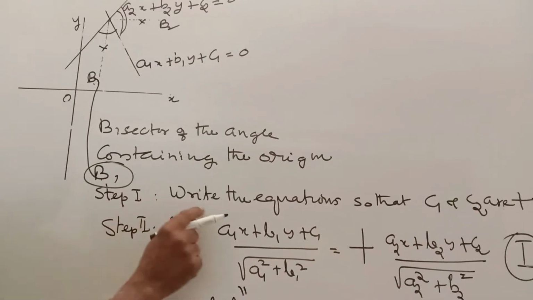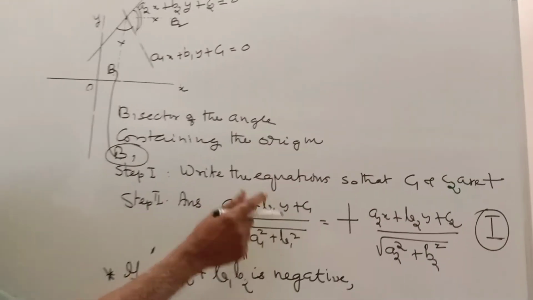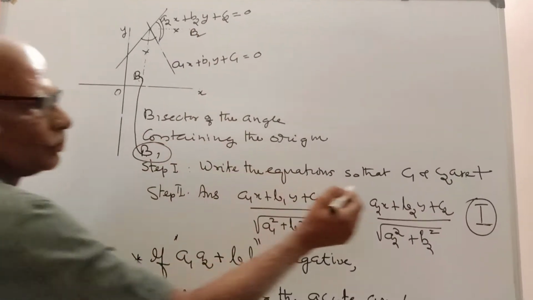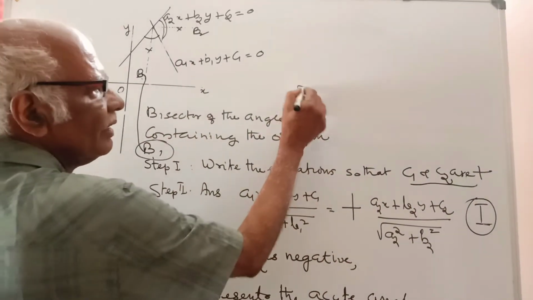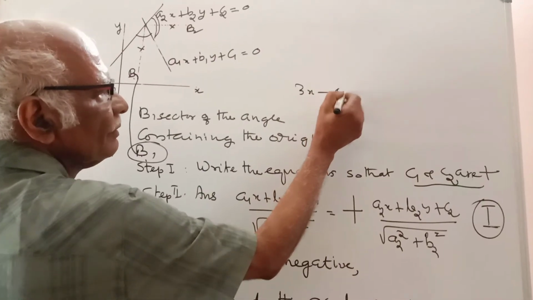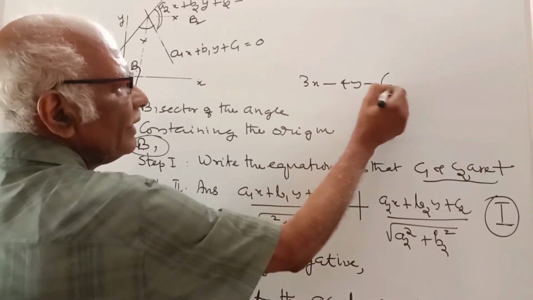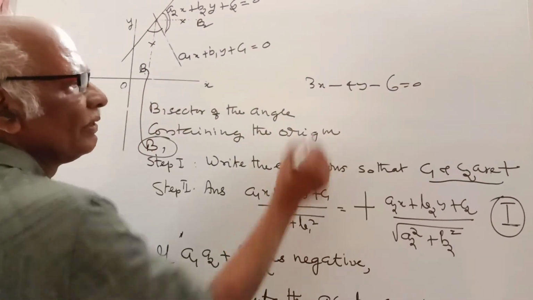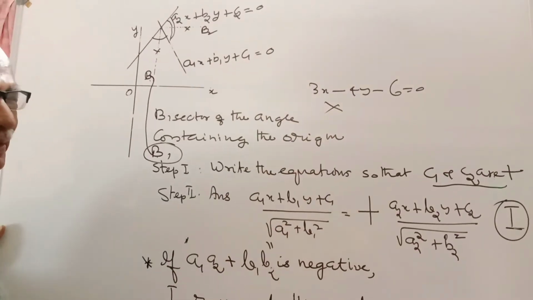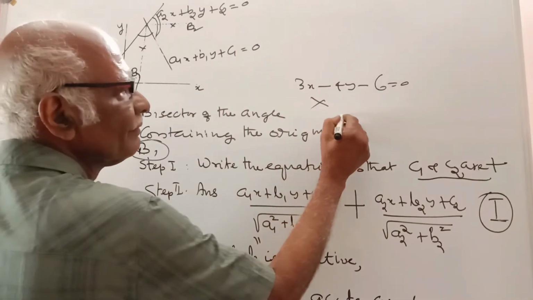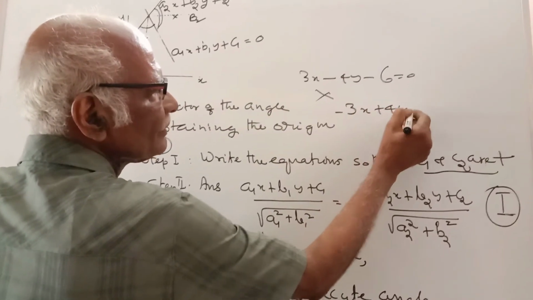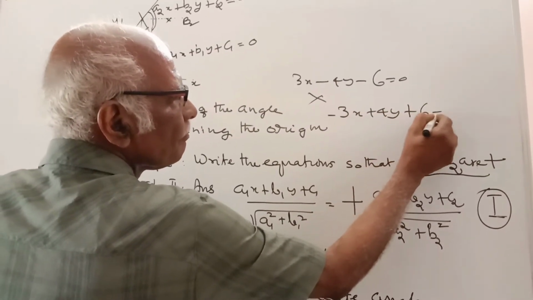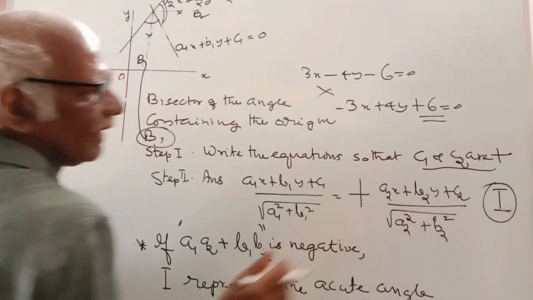Step 1: write the equations so that C1 and C2 are positive. For example, 3x minus 4y minus 6 equal to 0 is not in that form. We will write minus 3x plus 4y plus 6 equal to 0 for that case.